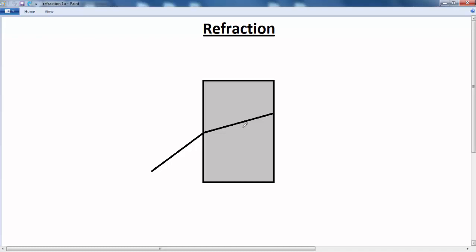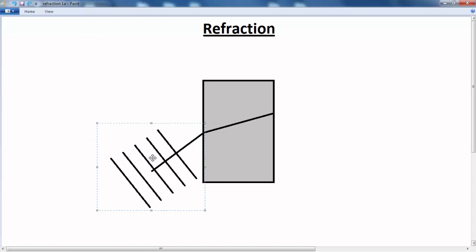So you can think of the light approaching the glass block in this way. You have a series of wavefronts, and you'll notice, and this is the important part, that if you look at this wavefront here, this part of the wavefront is going to hit the glass block before this part.